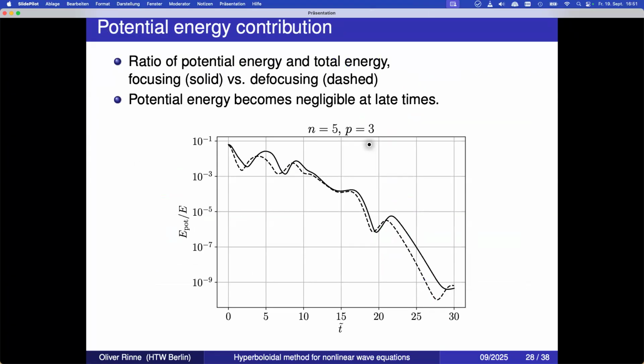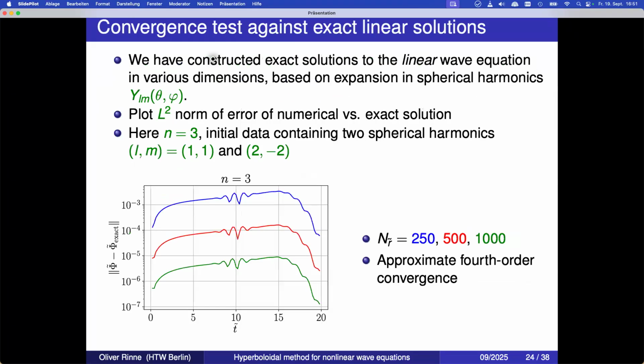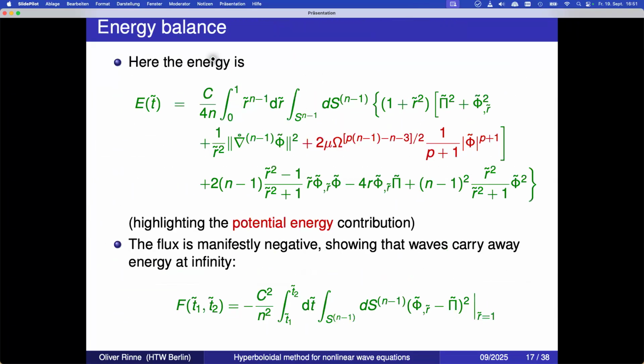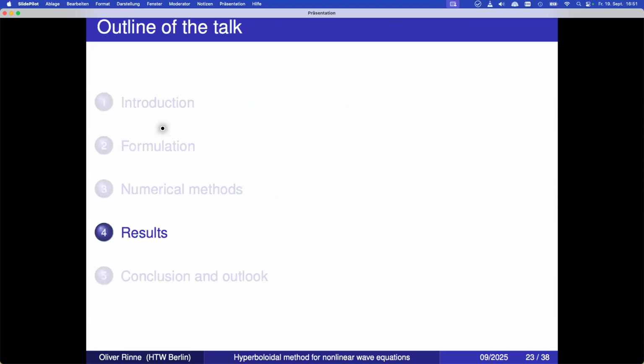Some other interesting question you might ask is what is actually the contribution to this energy from the potential energy? I showed you in this term for the energy here, this was the contribution from the potential energy. All the other terms here are kinetic terms. So you can now compute the ratio of this term, integrated of course, to the entire energy.